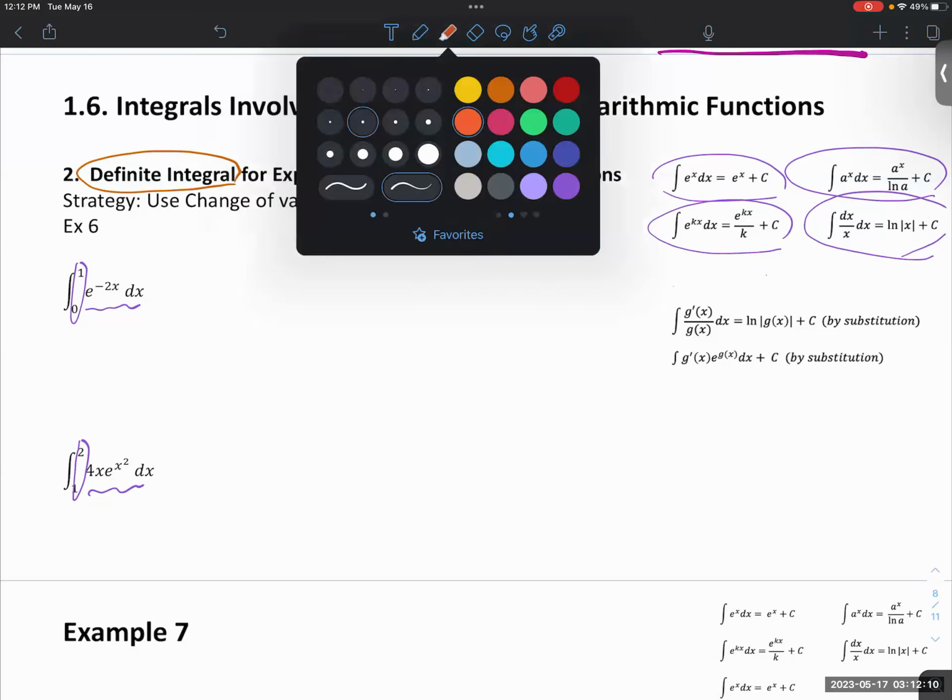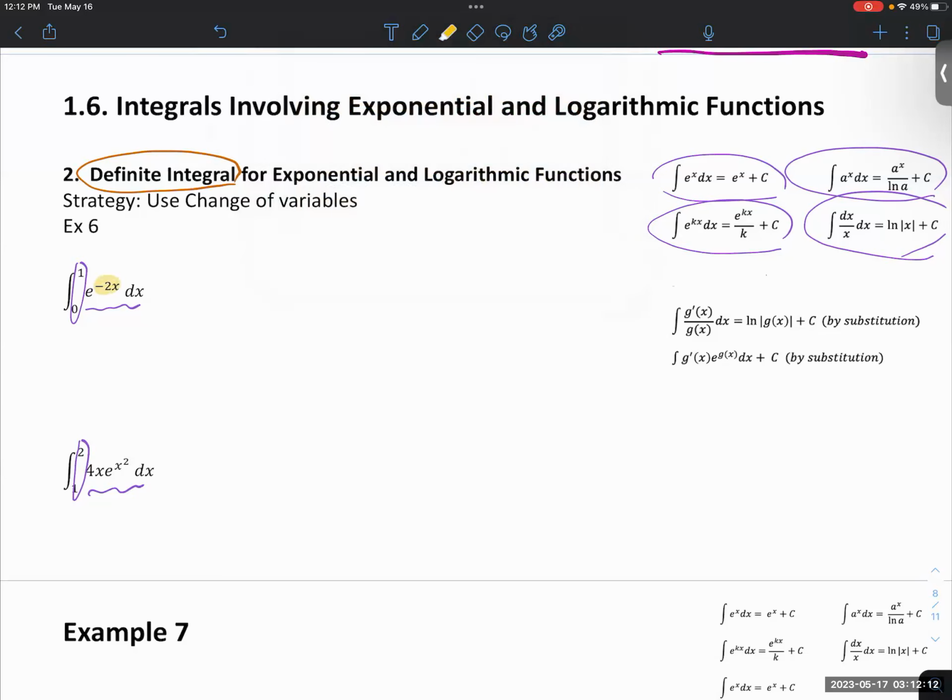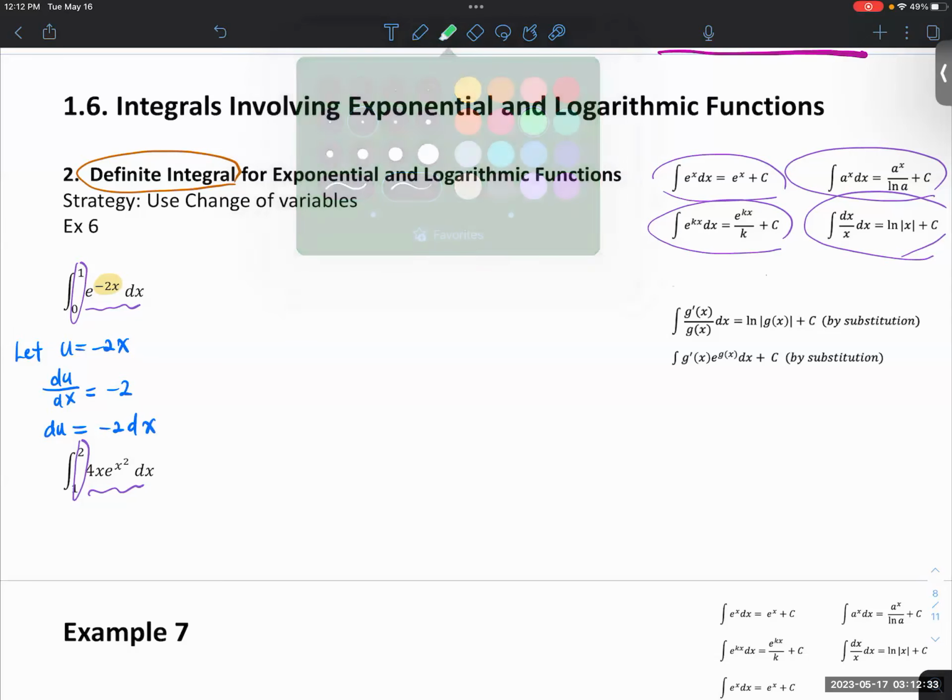So definitely here, negative 2x has been solved. So we're going to say let u equal negative 2x. So du over dx is going to be negative 2. That means du equals negative 2 dx. All I need is dx.